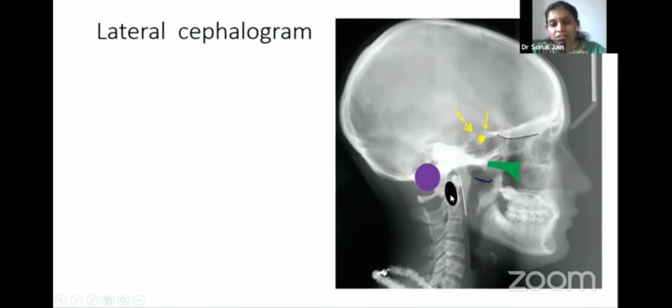The black dot is showing the atlantoaxial joint, and this purple one is the mastoid process, where the mastoid antrum is present. So middle ear infections we can find out here. The indications of this lateral cephalogram are to assess the position of the teeth, fracture, dislocation, and to evaluate the relationship of the soft and hard tissues of the face.